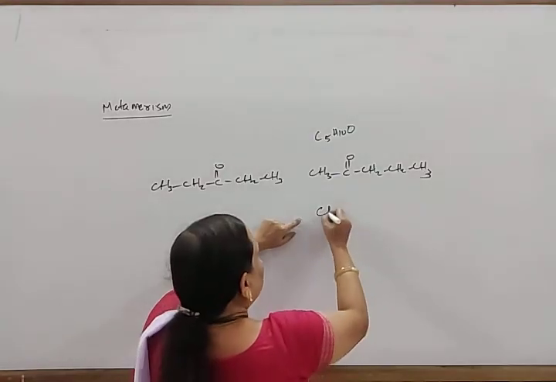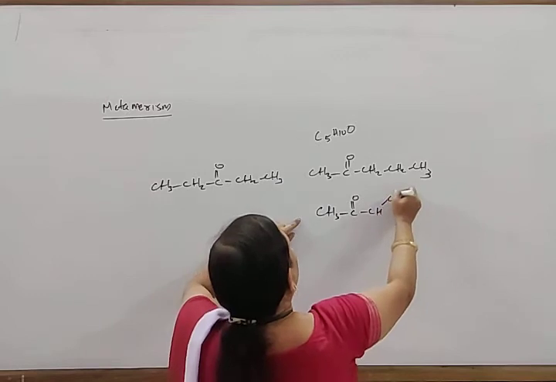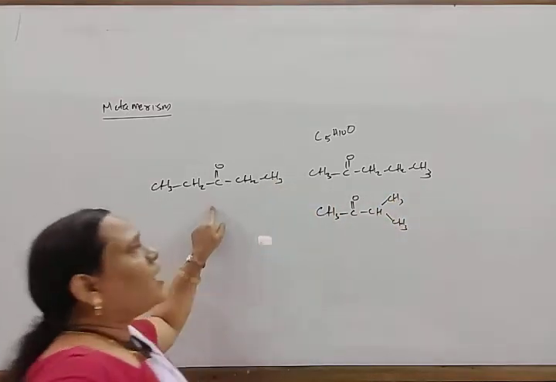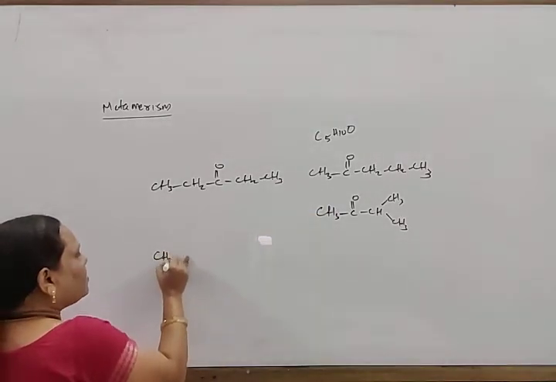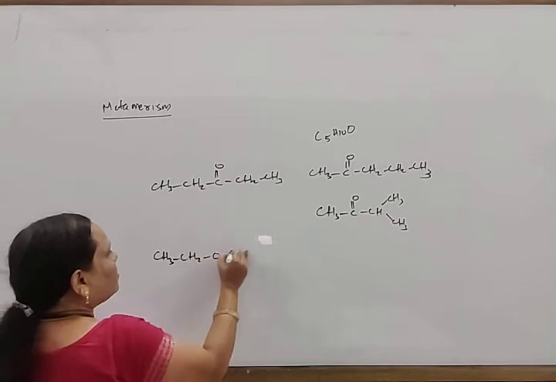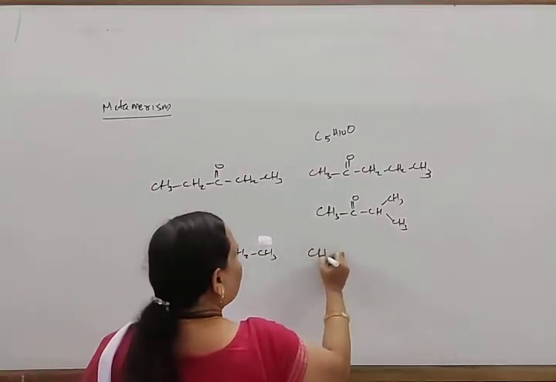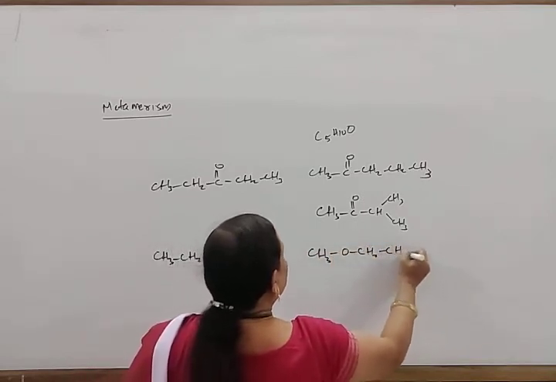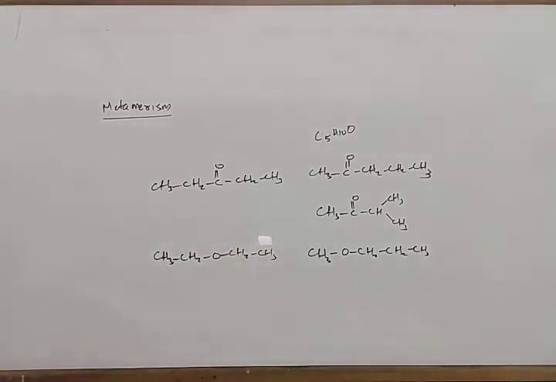Another compound I can write is CH3C=OCH(CH3)CH3. So these three are known as metamers of each other. Similarly, another compound CH3CH2OCH2CH3, that is diethyl ether, and methyl propyl ether are also metamers of each other.